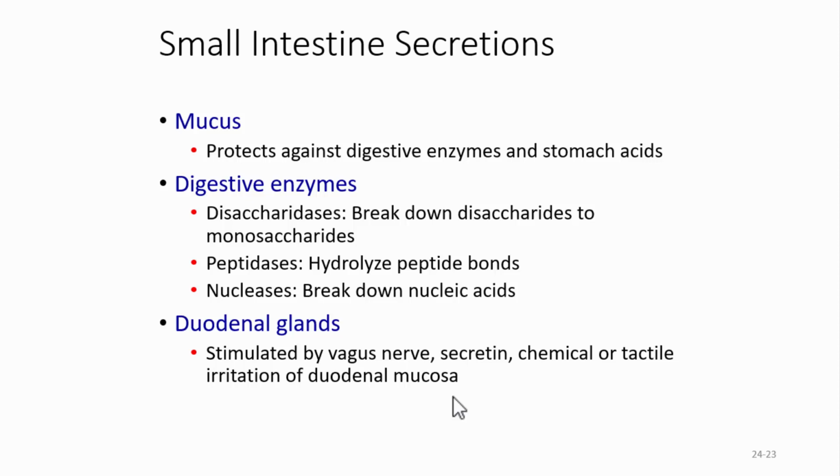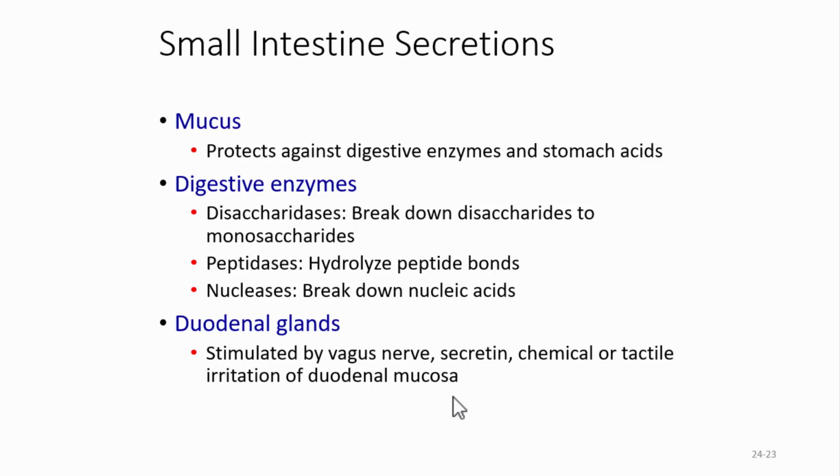And then we have nucleases, and those break down nucleic acids. Well, where do we have nucleic acids? Well, we have DNA, which is deoxyribonucleic acid, and we have RNA, which is ribonucleic acid. So we break them down into the individual nucleotides so that our body can utilize those to make more DNA and to make more RNA.